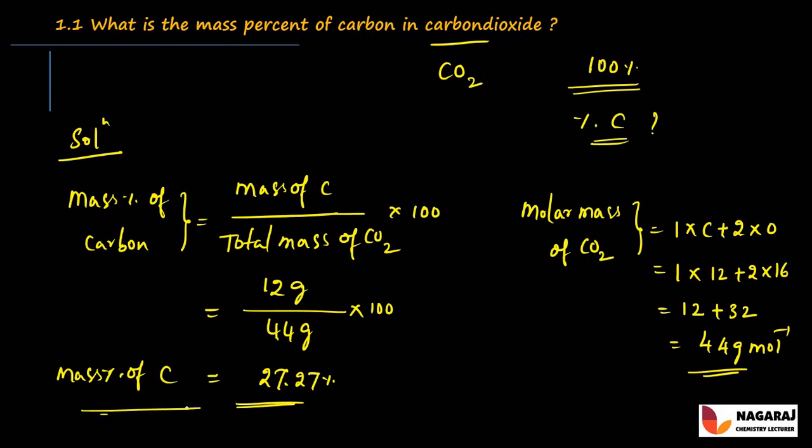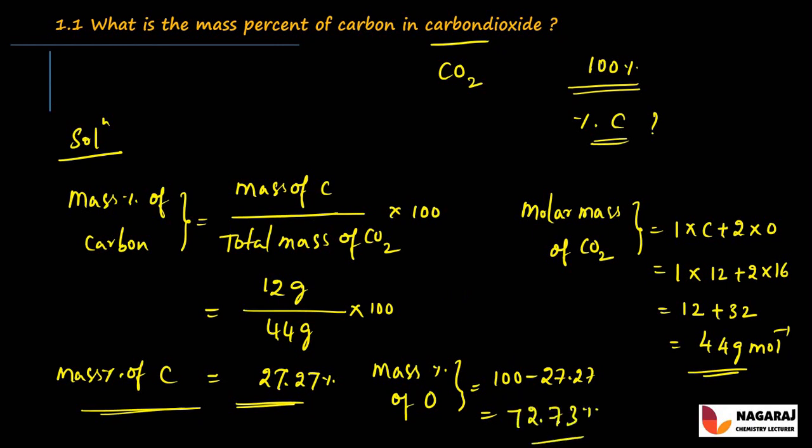That is, mass percent of carbon is equal to 27.27%, and the remaining percent is the oxygen percentage. That is, mass percent of oxygen is equal to 100 minus 27.27, which is equal to 72.73%.